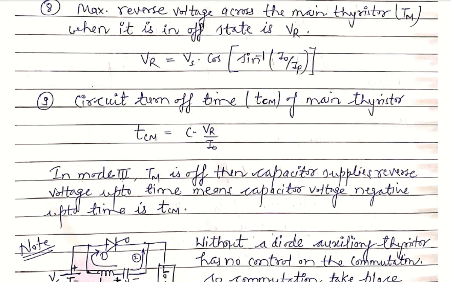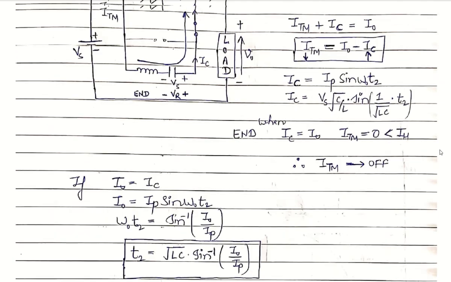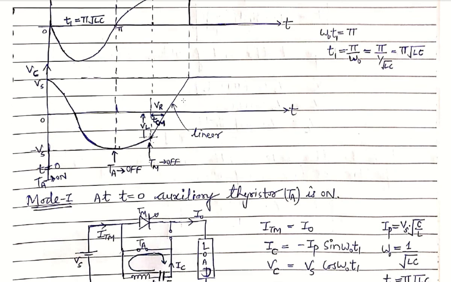Now in mode third, Tm is off, then the capacitor supplies reverse voltage, meaning the capacitor voltage is negative up to time Tm. So in the waveform, up to the circuit turn off time TCM, which is shown on the x-axis, the capacitor voltage is in the negative direction.